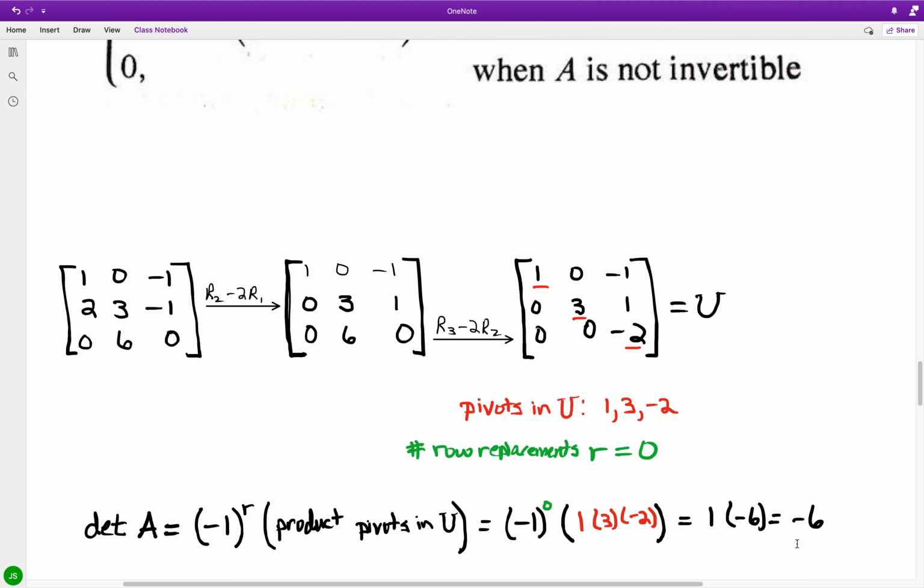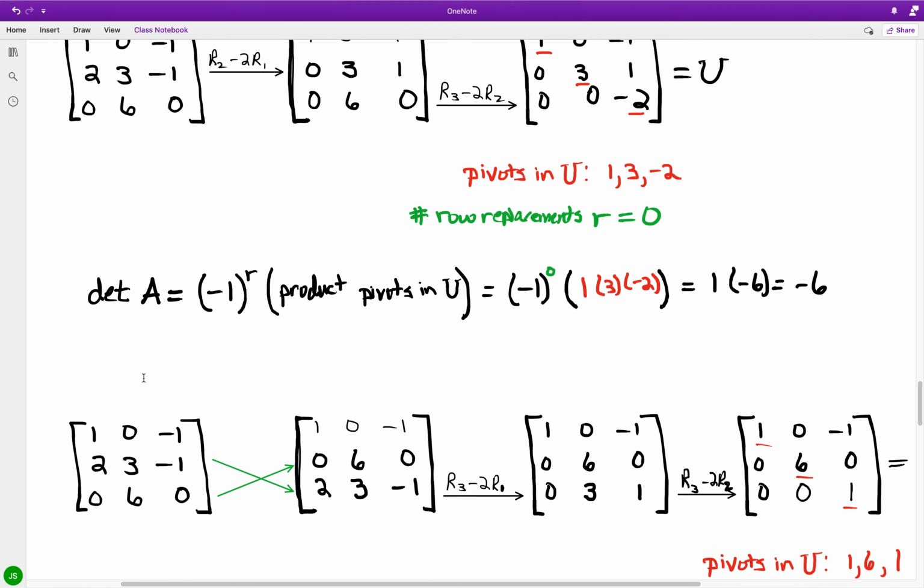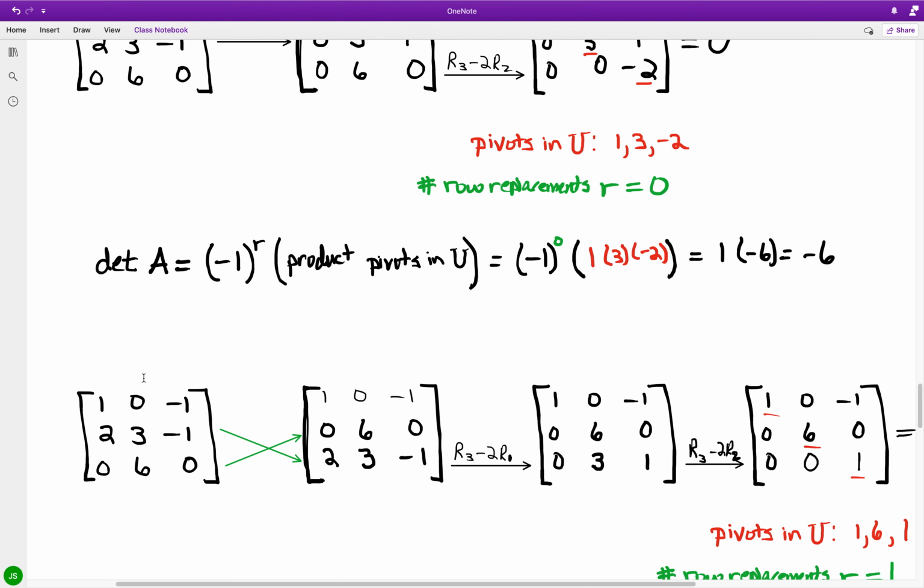Let's say I work this original matrix out a little differently, applying a row replacement. If I had 1, 2, 0, 0, 3, 6, -1, -1, 0, and I switched the second and third rows, I have 0, 6, 0 in the middle and 2, 3, -1 at the bottom.